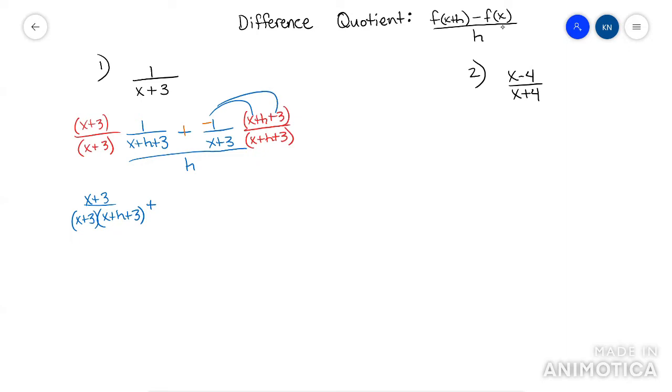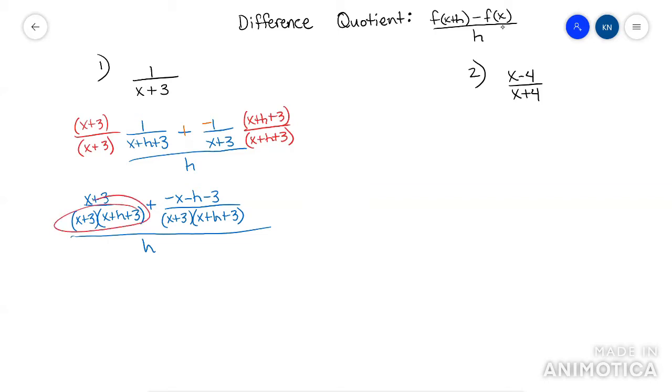This part I'll have to distribute, and it's going to change all those signs. So it'd look like this, negative x minus h minus 3. Then don't forget it's still all over h.